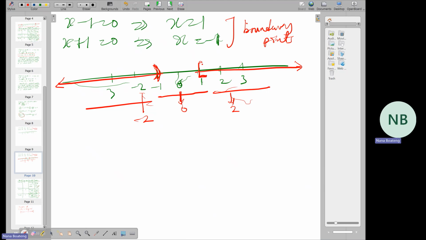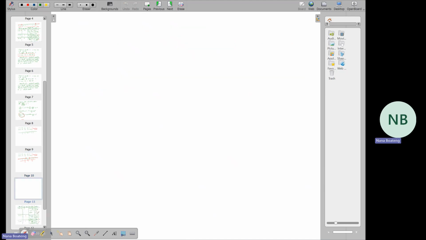All right, so let's look at some application questions. Let's look at another example that involves an application. So this should be our example 3.